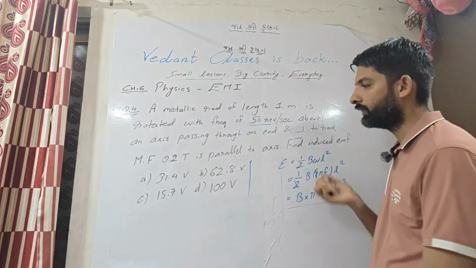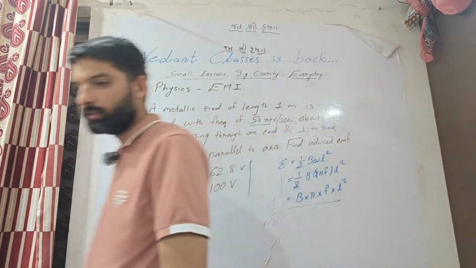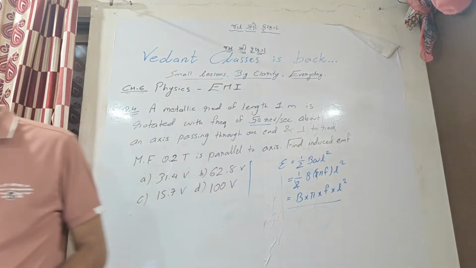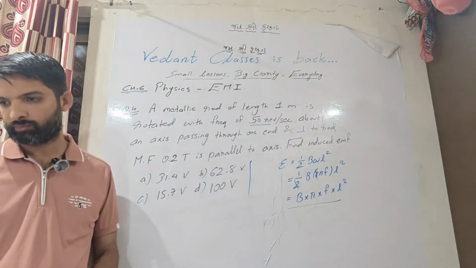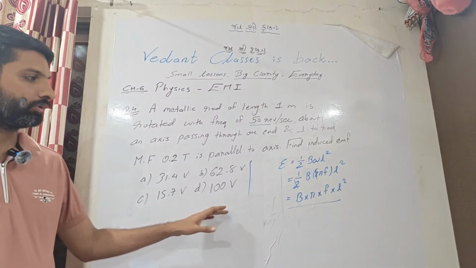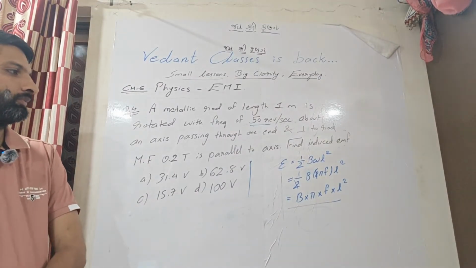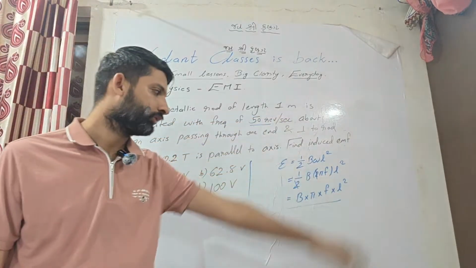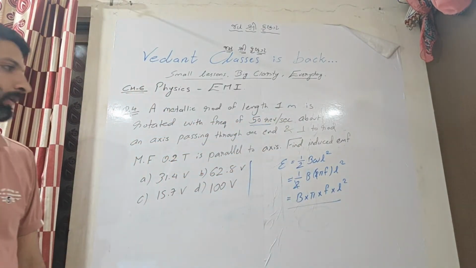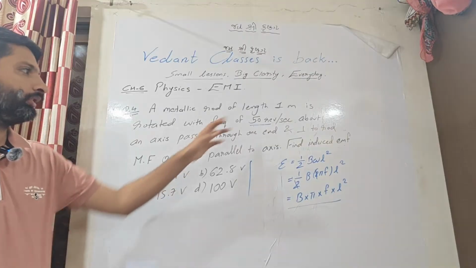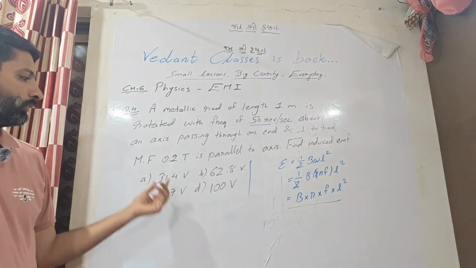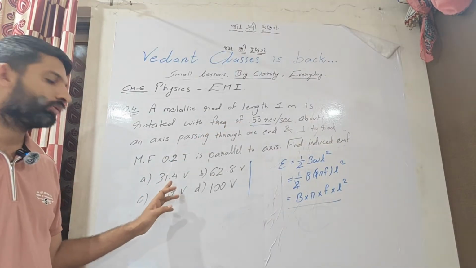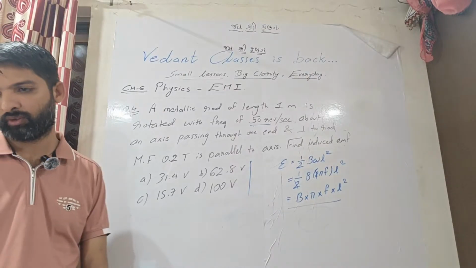I hope all these values are there. So you can put and check the answer. L, length of rod, is 1 meter, so you can omit it. And 0.2 into 50 into pi. So pi will remain. So that is 31.4.